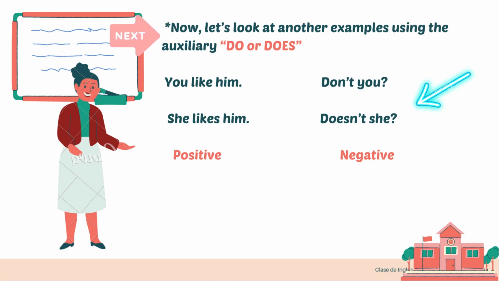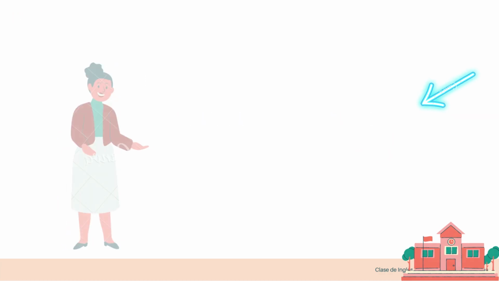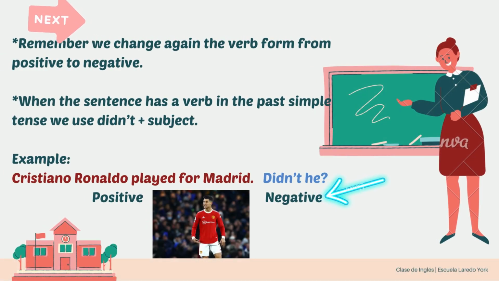So you have to compare the sentences, whether they are positive or negative. Remember, when the sentence has a verb in the past simple tense, we use didn't plus subject.